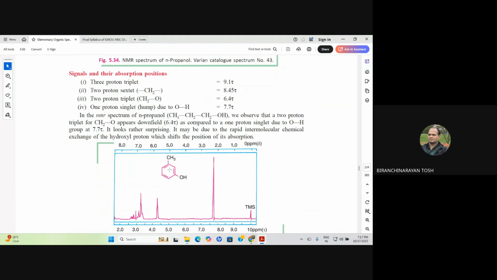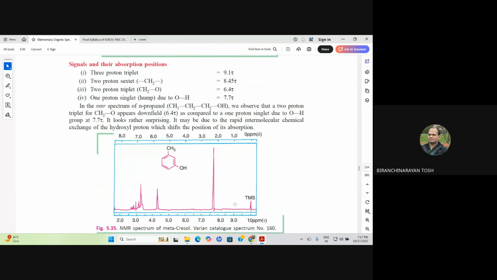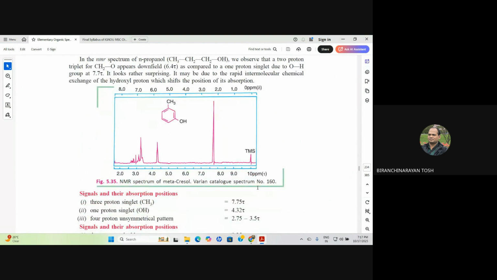The hydroxyl OH proton singlet will be around 4.32, the methyl group 3 proton singlet around 7.75, and the 4 non-symmetrical ring protons around 2.75 to 3.5.